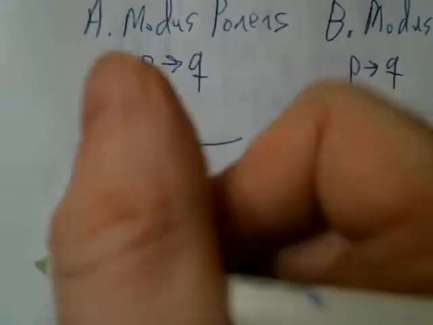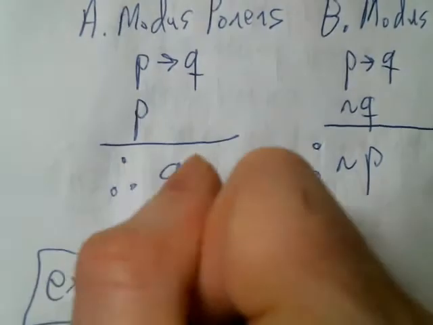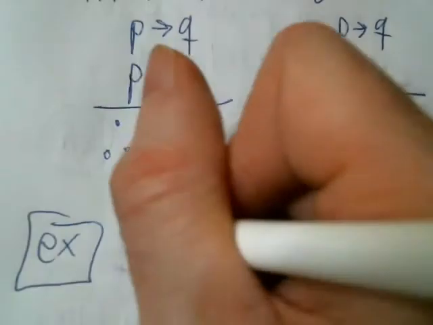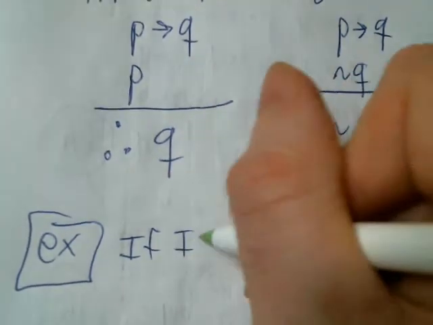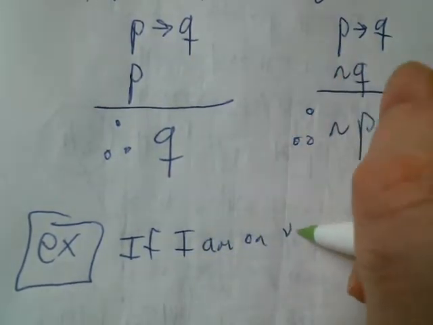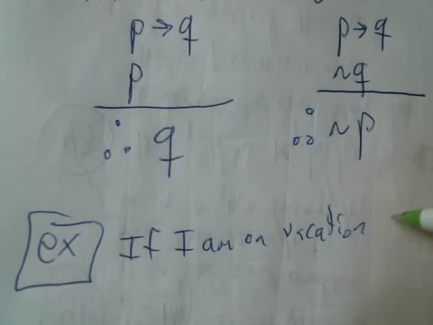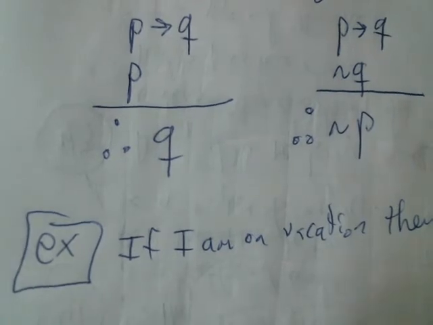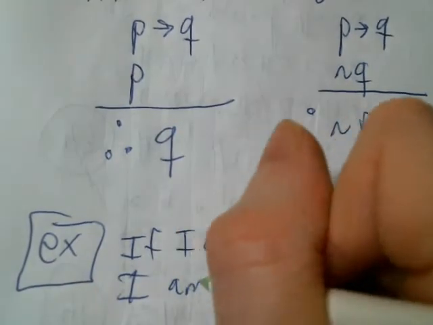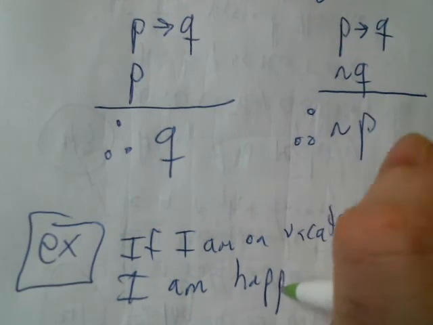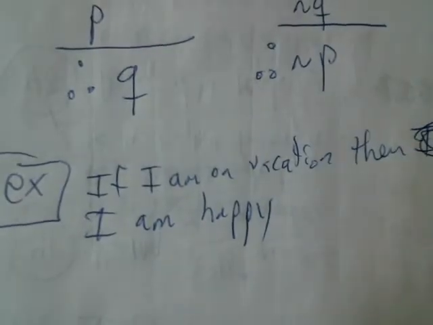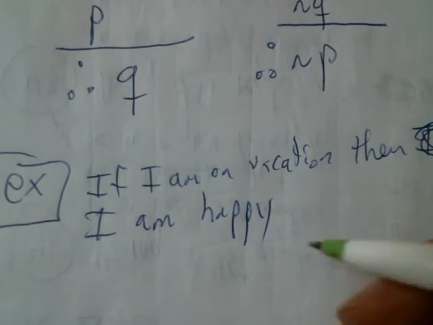So for example, if I'm on vacation, then I am happy, is our first statement. The next statement: I am on vacation.